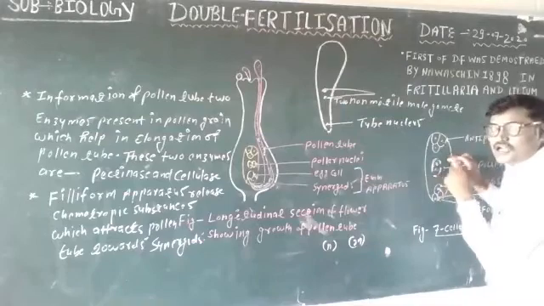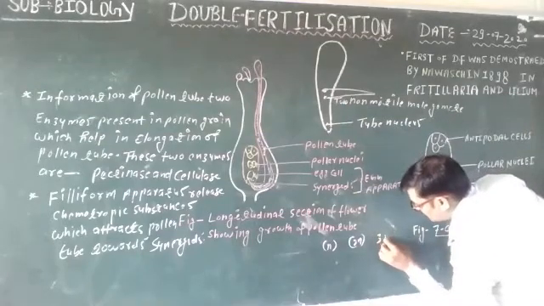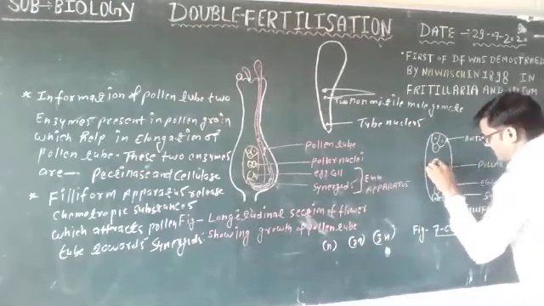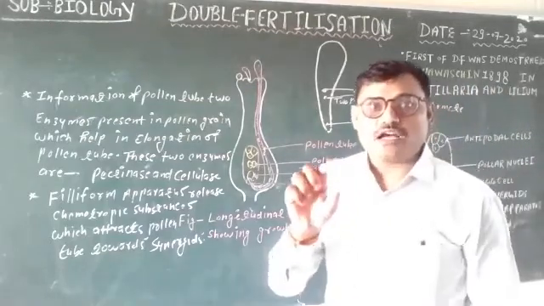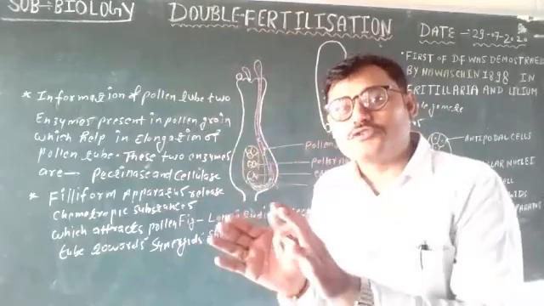When n and 2n fuse to each other, it forms 3n. And this 3n is known as endosperm. It means it forms the endosperm.